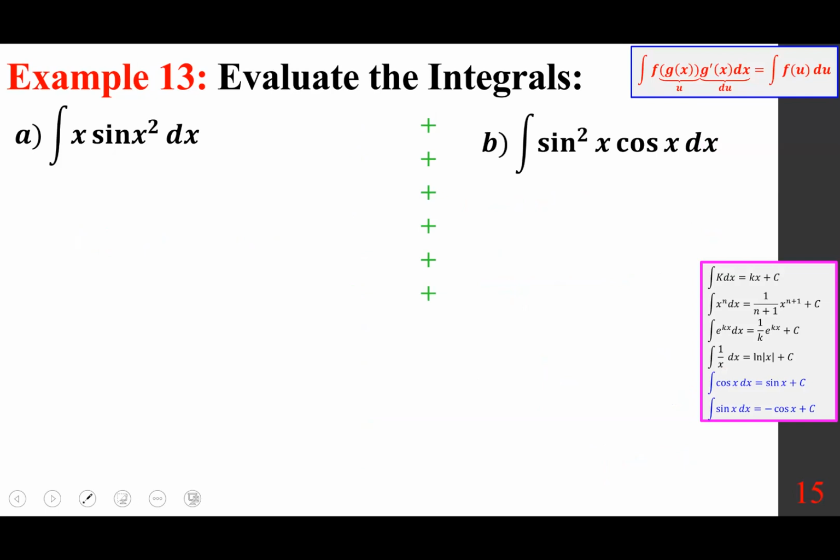What happens when sinusoidal functions, sine and cosine, are involved? If you have one of them and the argument has an exponent, the argument is the choice of u. In this case, the argument of sine is x squared. And again, seeing them side by side, it's helpful.